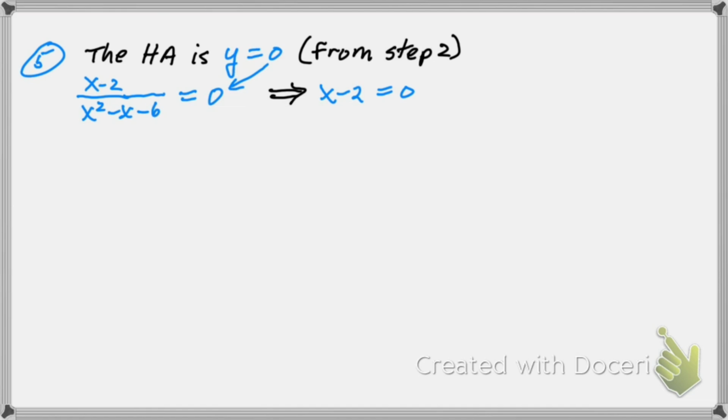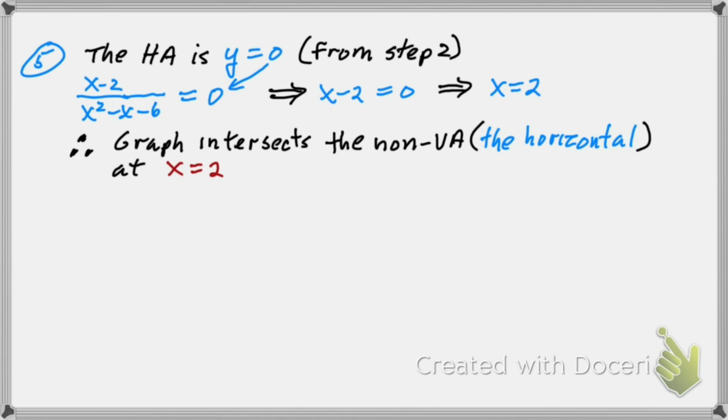So now I've got x minus 2 equals 0, which means x equals 2. Now realize what this is telling you. This is saying the graph will intersect that horizontal asymptote at the point x equals 2. And we would use the same sort of thing to find where it intersects the oblique asymptote, but in this case we had a horizontal one.